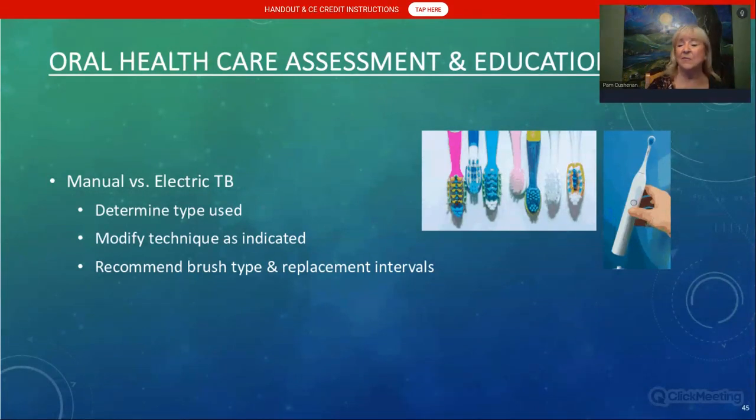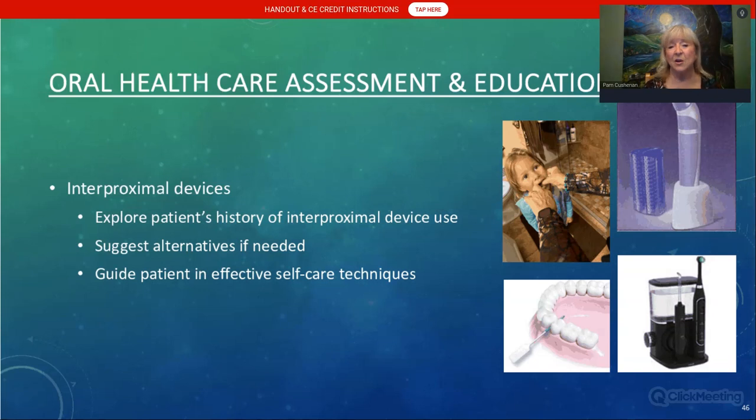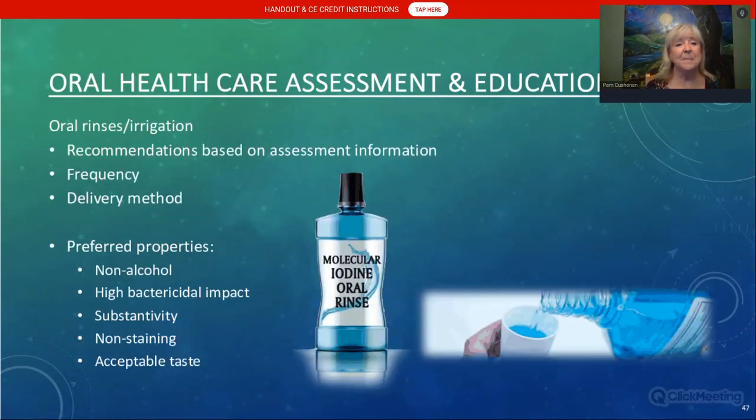Recommend what brush type and replacement intervals so that they always have the opportunity with the best products. Interproximal devices, not a lot of people floss. Find something that can work for them, whether it's the water pick or the soft picks or something that's going to help them reduce that plaque biofilm between their teeth. Help them out with proper techniques.